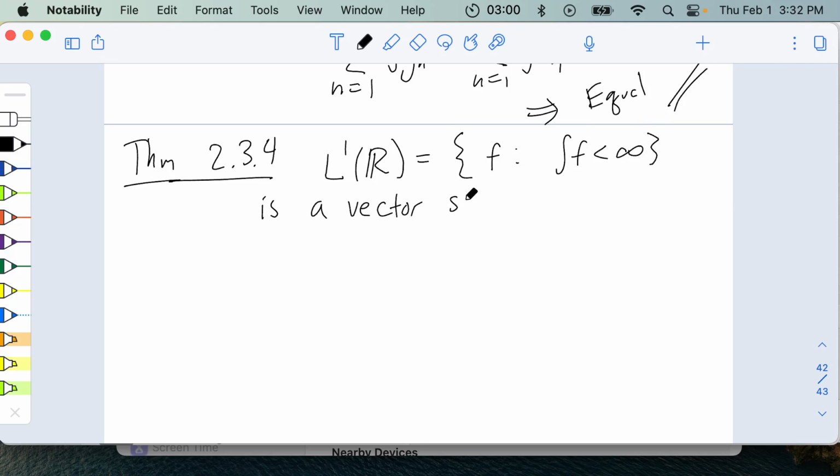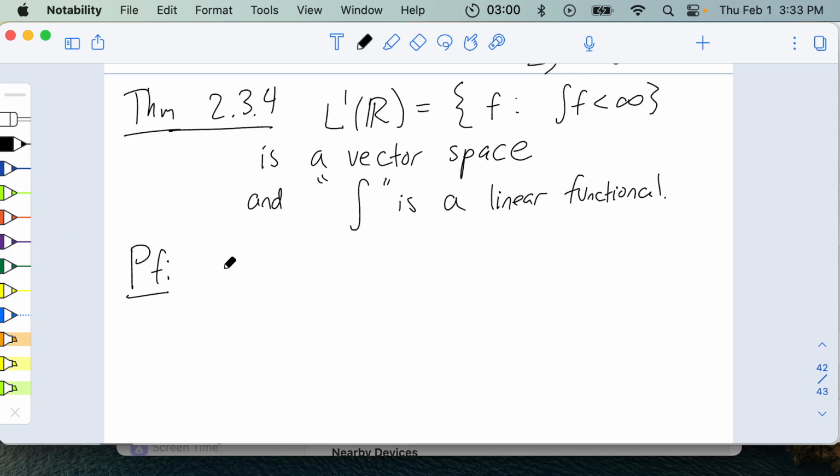And the integral, the operation of doing an integral, is called a linear functional. Functional means it maps into R, the integral of a function is a number, and linear means it respects addition and scalar multiplication. Okay, and here is the proof.